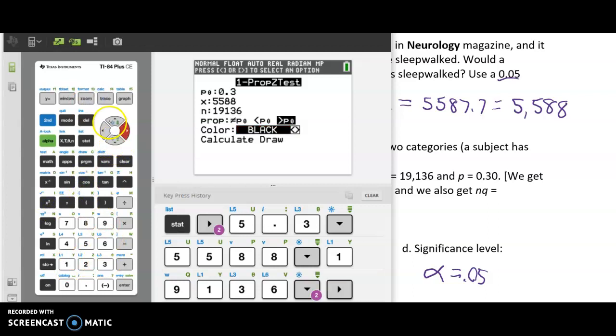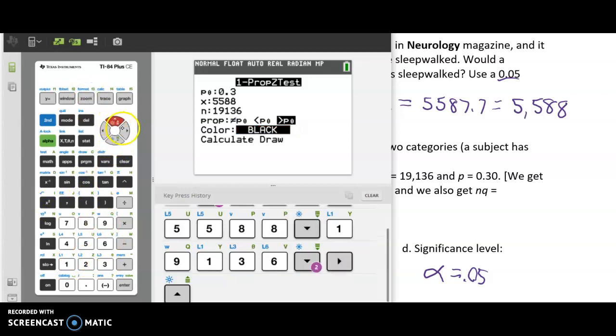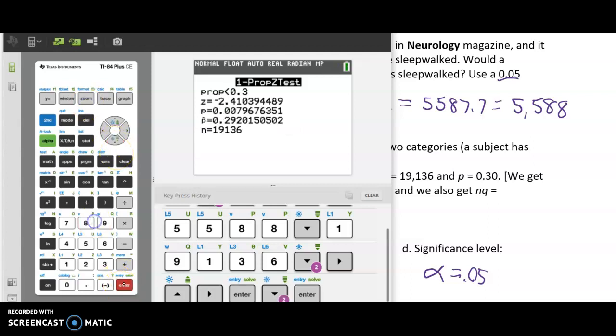And our alternative hypothesis that we used was less than. So we can go ahead and press calculate this time because we haven't done that yet. And we get our test statistic as z is negative 2.410 and our p-value is 0.008 rounded to 3 decimal places.